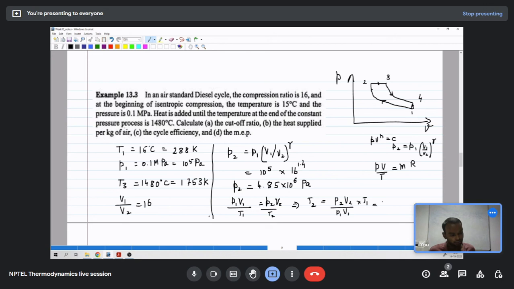So P2 by P1 can be calculated, that is 48.5, because P2 is 4.85 into 10^6 and P1 is 10^5, and then V2 by V1 is 1 by 16, so we have 48.5 by 16 into T1, which is 288 Kelvin, so T2 can be calculated, which is 873 Kelvin.